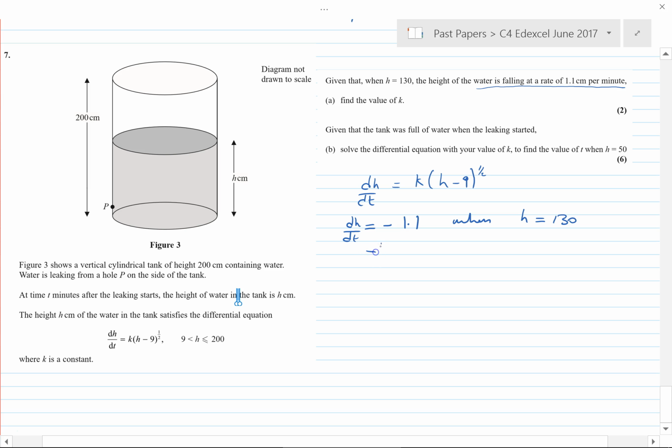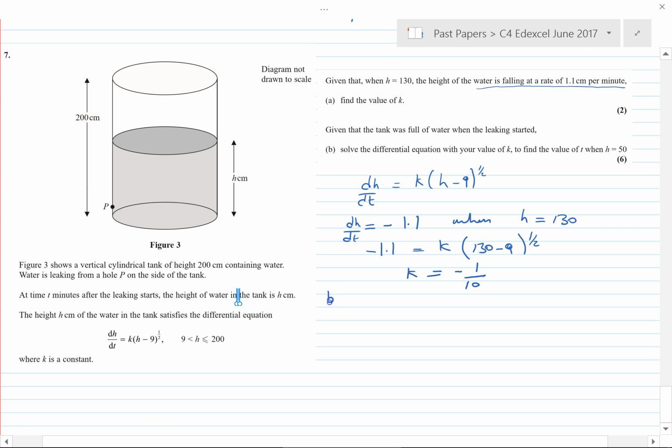So that gives us minus 1.1 is equal to k times 130 minus 9 to the power of half, which of course is the square root of 121, which is 11. So that gives us k is equal to minus 1 over 10.